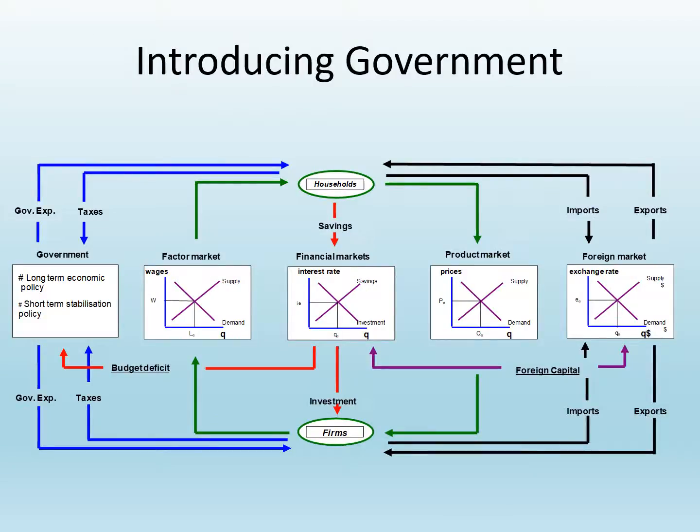And we're now in a position to introduce government. What government does, as you can see, and we're introducing government on the left, is take money away from people in the form of taxes.